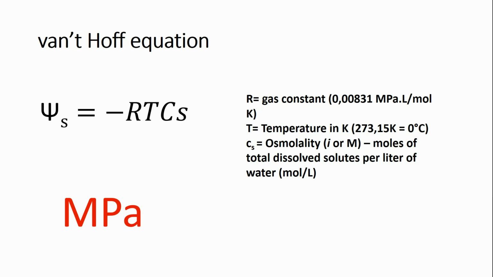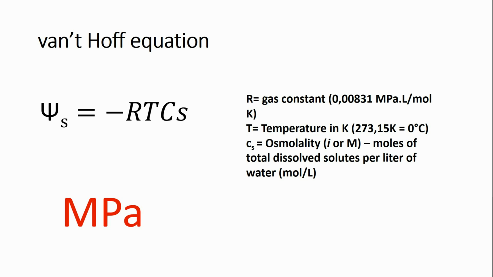We have a constant, which is the gas constant, represented by R. We have the temperature, which is measured in kelvins, and we have osmolality, which is the moles of total dissolved solute per liter of water, and ions will make it times by 2, depending on how many ions are released into the solvent.